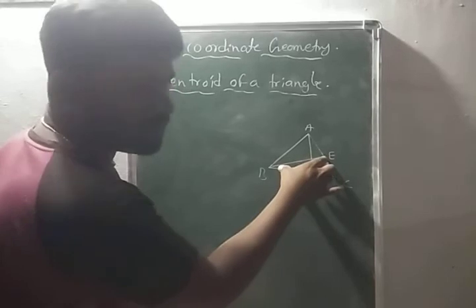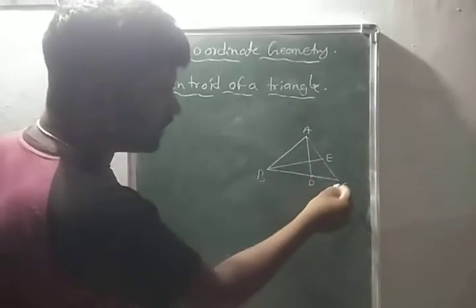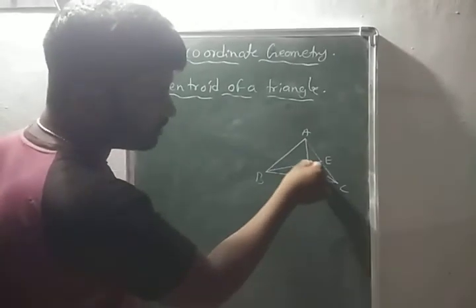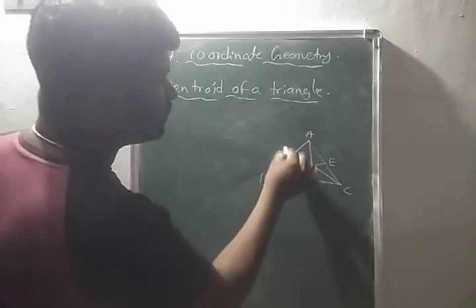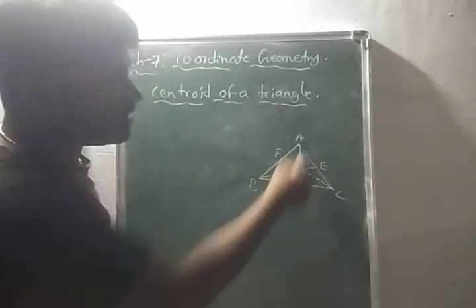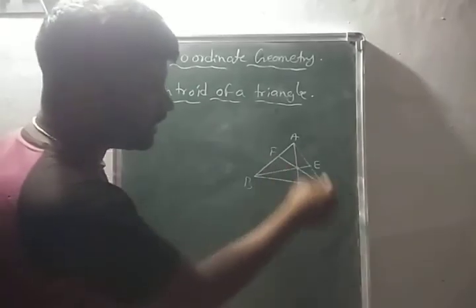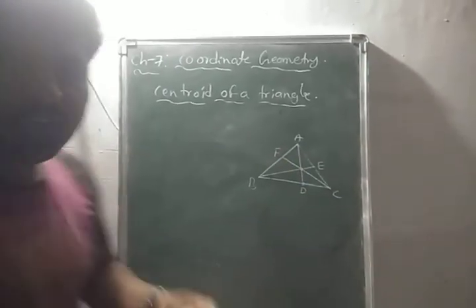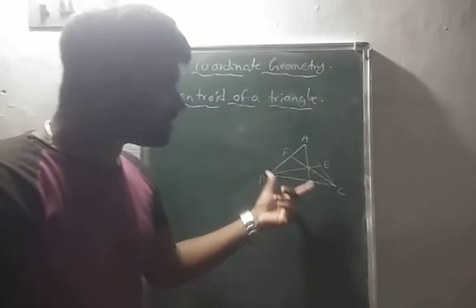BE is also a median of triangle ABC, and from vertex C you draw CF.